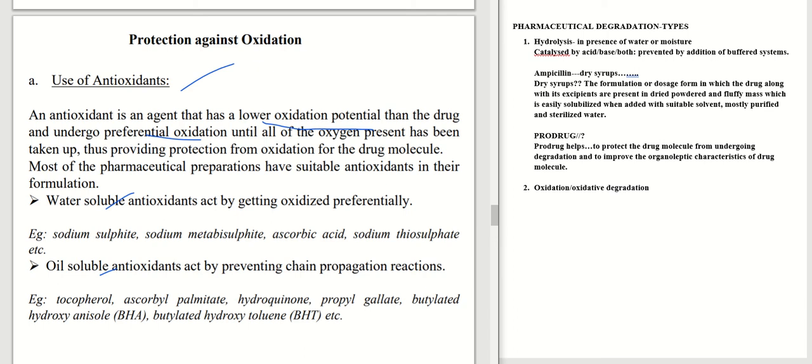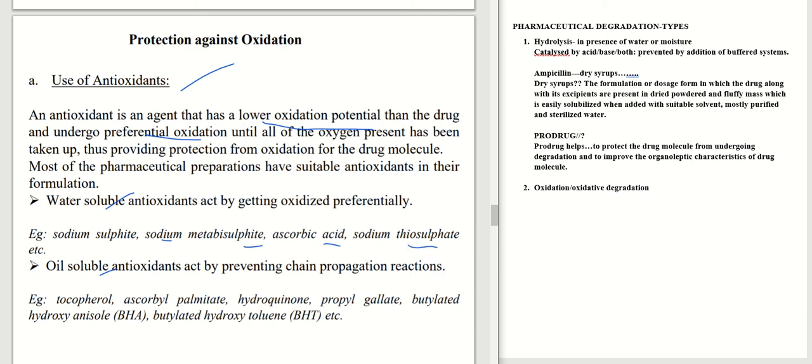If the drug of our choice is water soluble, we can choose a water soluble antioxidant. The water soluble antioxidants especially used are sodium sulfite, sodium metabisulfite, ascorbic acid, sodium thiosulfate.